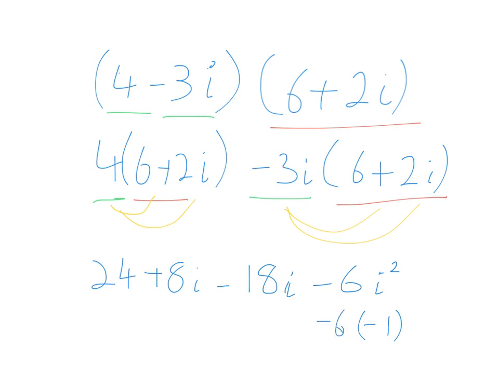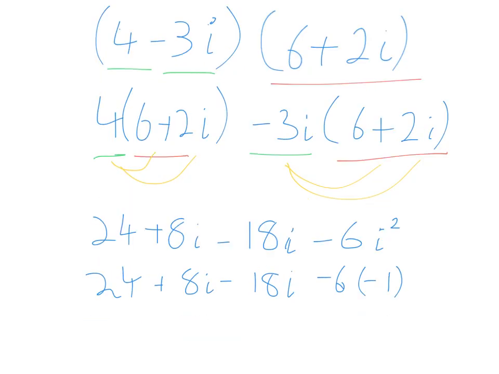So our first step, we'll just simplify that part out. When we multiply it out, the 6 times minus 1 is going to give us plus 6, because a minus times a minus gives us a plus. So then we're left with 24 plus 8i minus 18i.